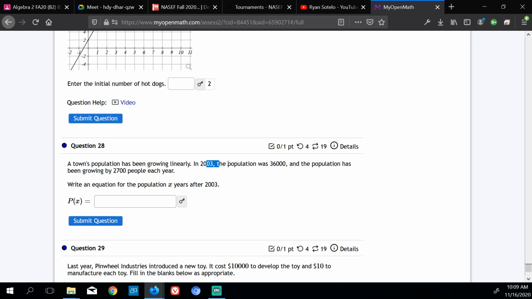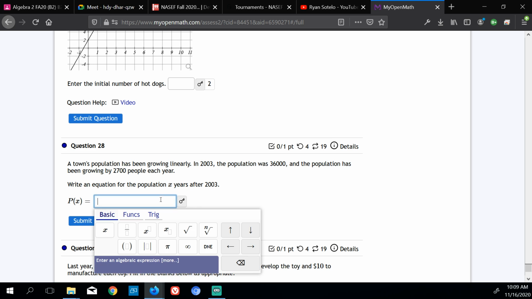In 2003, the population was 36,000. It's grown by 2,700 every year. So write an equation where x is the number of years after 2003. So what should my y-intercept be? My initial value. 36,000.